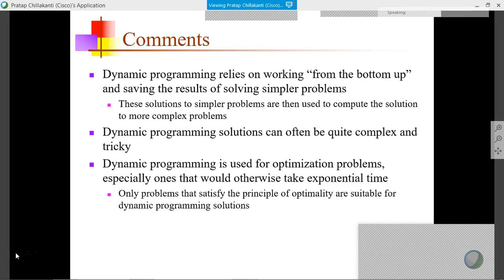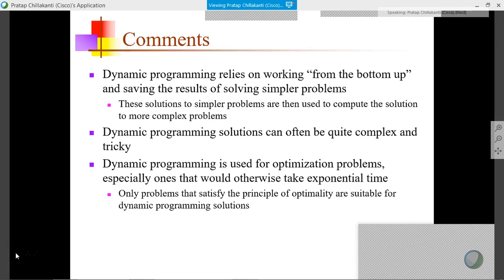Okay. And how do we know what are the class of problems that are suitable for dynamic programming? Only problems that satisfy the principle of optimality. Okay. So when you have a problem, the sub-problems are themselves optimal.